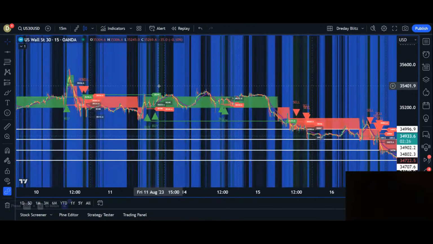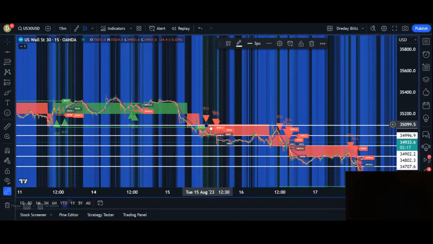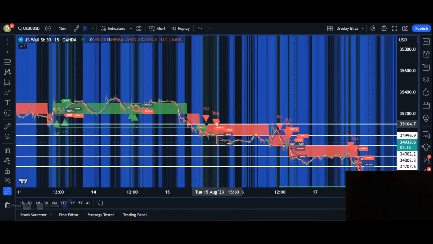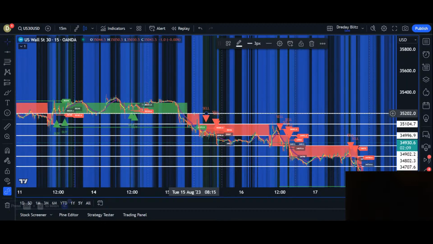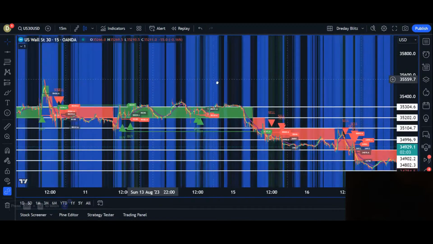And as you can see, it always respects the zones that I'm plotting, right? So you know that this is not guessing. It's not a guessing game, trading. It's technical, and it is always congruent. Always.